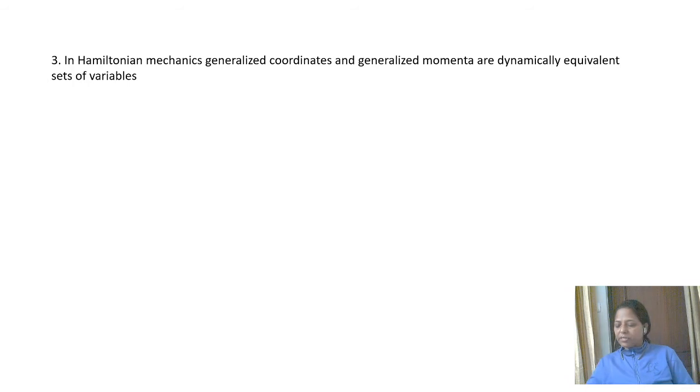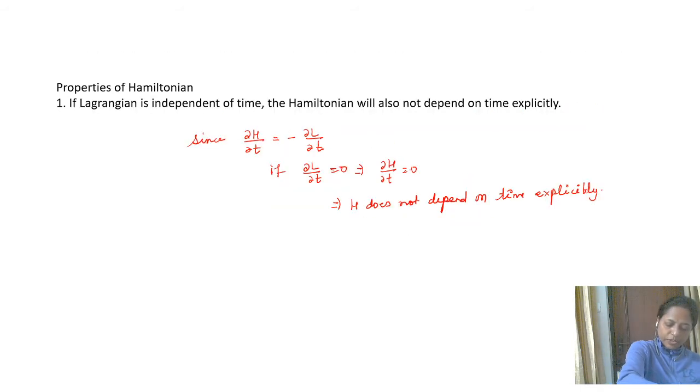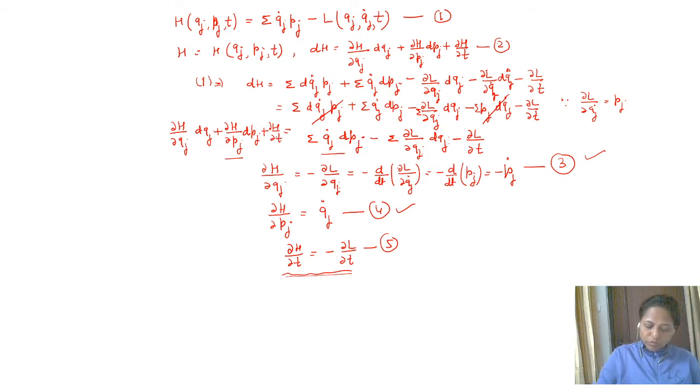Now, the next property is that in Hamiltonian mechanics, generalized coordinates and generalized momenta are dynamically equivalent sets of variables. What does it mean? You look at the equations. These are the two equations.